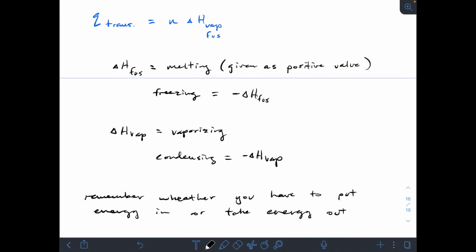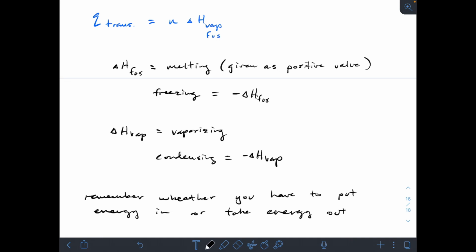That will help you remember what sign ΔH should have. So if I'm melting something, I should be putting energy into it. If I'm freezing something, I should be taking energy out. So putting energy in will have a positive value, energy out will have a negative value, just like money from your bank account.